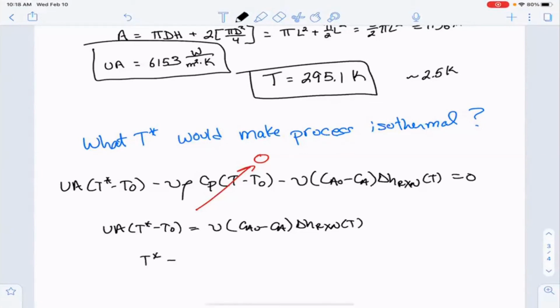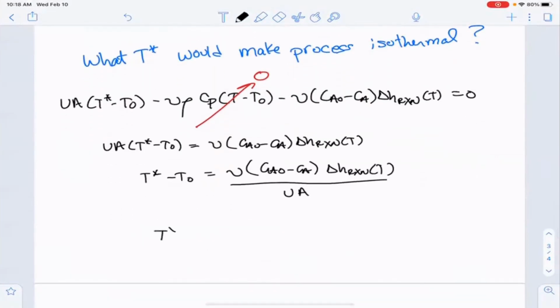So then T star minus T0 equals the volumetric flow rate times CA0 minus CA times delta H of reaction over UA, which means that T star equals T0 plus the volumetric flow rate times CA0 minus CA times delta H of reaction over UA.